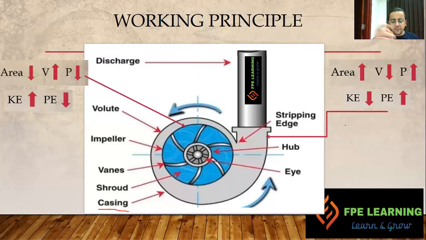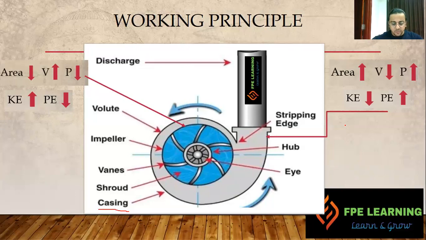So here we have the working principle, right? How it works. A centrifugal pump consists of an impeller which is connected by a shaft to a driver, a motor or any kind of driver, and from that it gives rotational kinetic energy to the impeller, and that rotates the impeller.